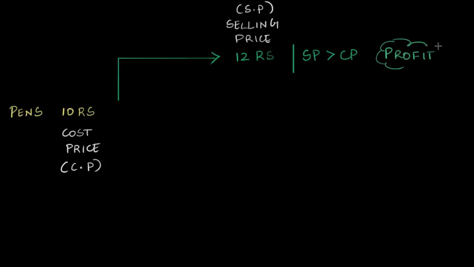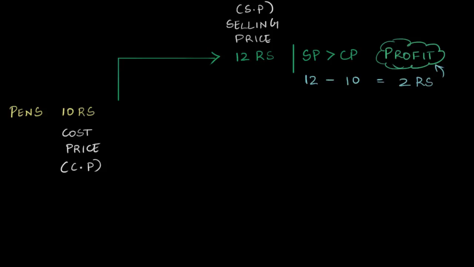The price you sold it for is bigger than the price you bought it for. And how much is that profit? We calculate that by just calculating SP minus CP. In this case, that's 12 minus 10, and that's equal to 2 rupees. And that 2 rupees is called your profit.